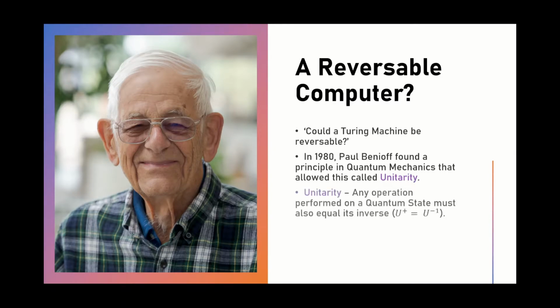This principle states that any operation performed on a quantum state must also have an inverse, so you can apply an operation on a quantum state to get one result, and then apply the inverse operation to get your initial inputs. This allows reversibility, and therefore a quantum computer using this can bypass Landauer's principle, which means that we can break through that limit on our efficiency.